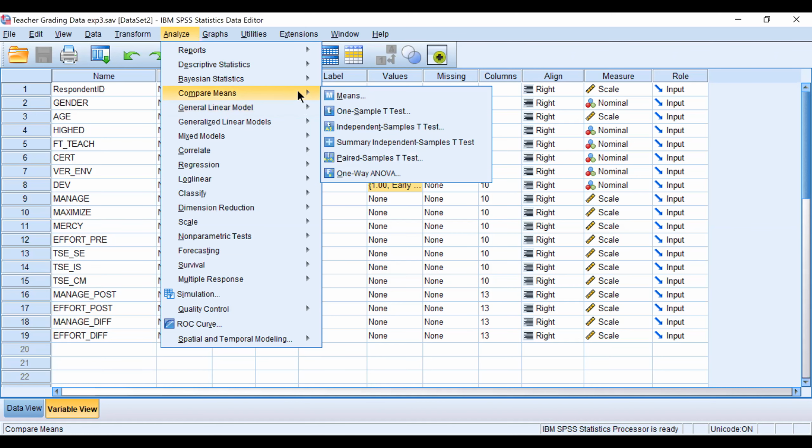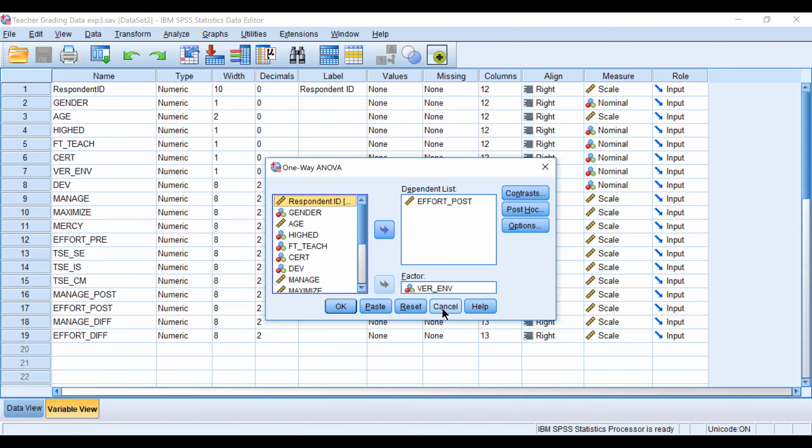So for the time being, we're just going to use the compare means menu, and basically the most complex kind of analysis that's available under that menu is the one-way ANOVA. So how does the one-way ANOVA work? You put in your dependent variable. What are we trying to predict?